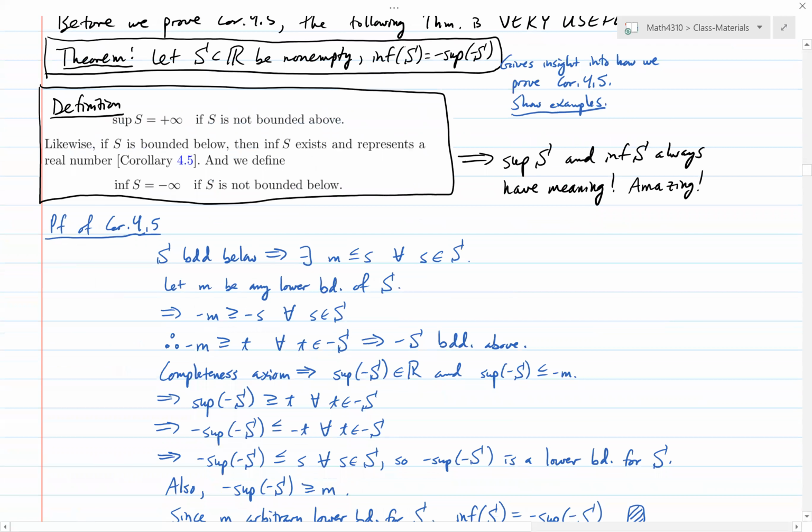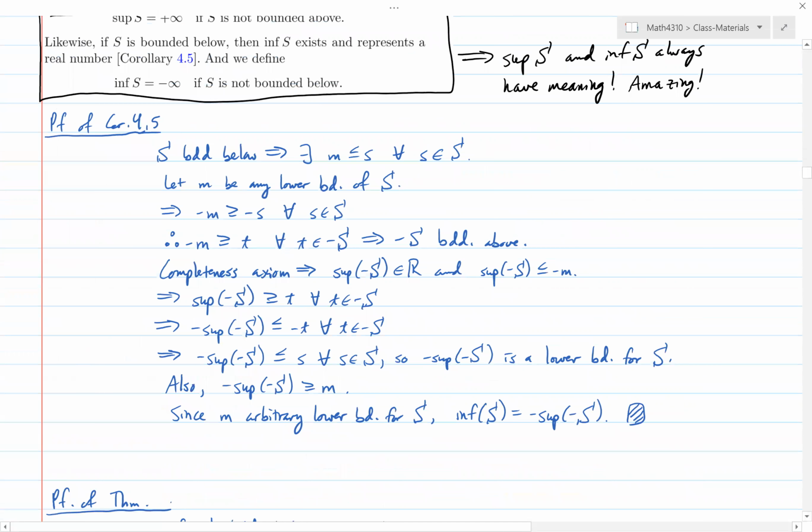So we went through this. The argument for proving this was actually, in some sense, pretty straightforward. We just take points from the set and we bound them below by something. There is a lower bound. And then by taking the negative of the terms, we find that this negative m serves as an upper bound for the set negative s, which is then a set that's obviously bounded above.